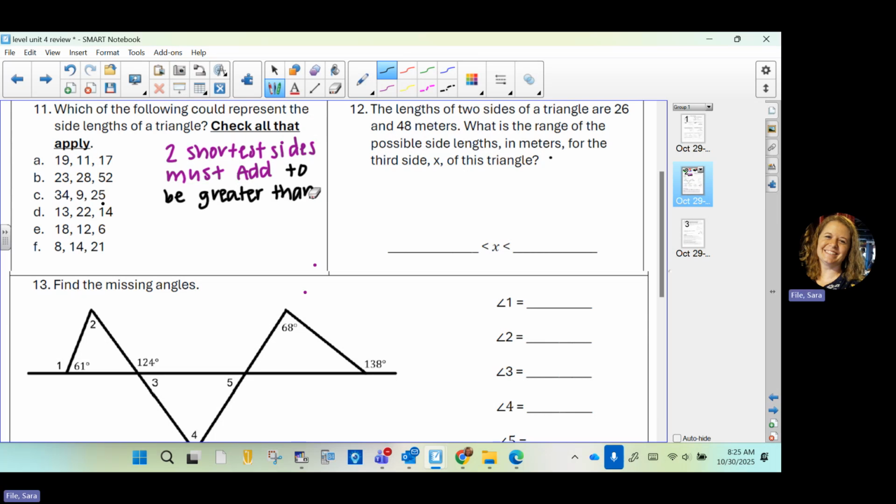If you want to write bigger or more, that's fine. Greater than the longest side.